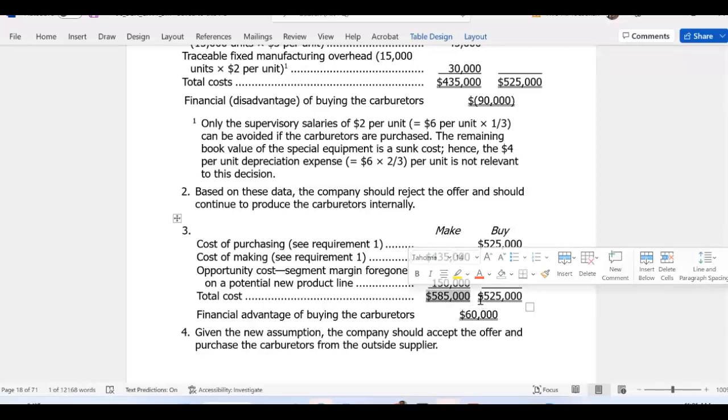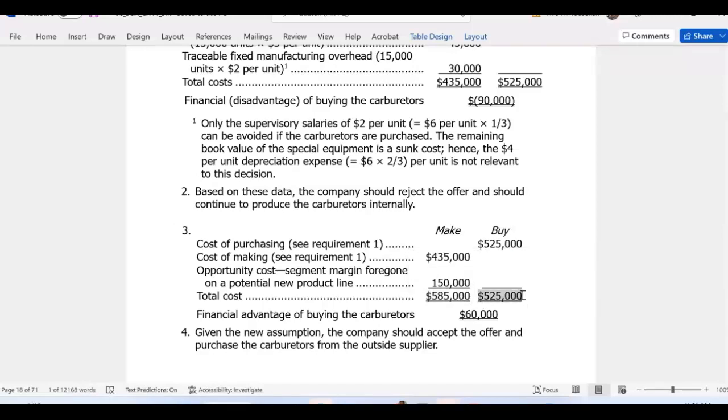And that's not good because we can just buy it for $525,000. So that will be $60,000 saving. And that's an advantage, and we would accept the offer in that situation. Okay, so those are two different scenarios, scenario 1 and scenario 2, and you are considering which one is an advantage or disadvantage.